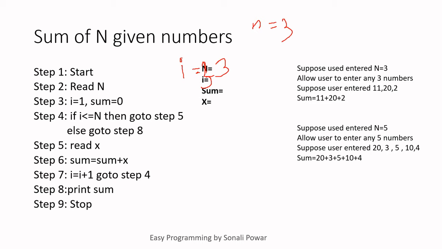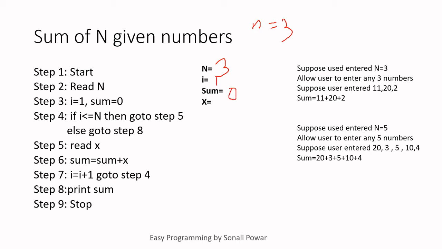Now in step number 3 I said that I is equal to 1 and sum is equal to 0, because right now I am not doing any addition. So initialize sum is equal to 0.